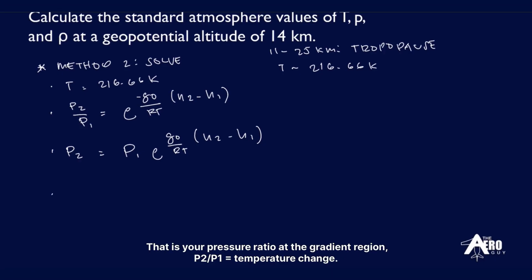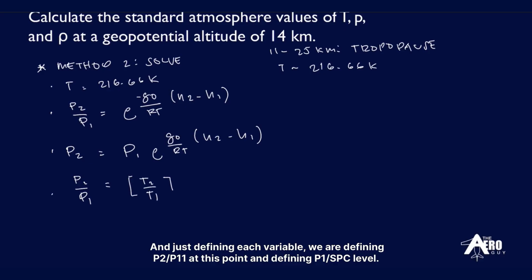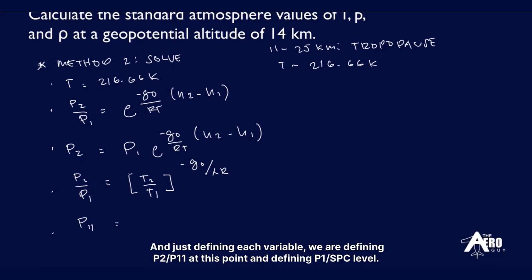And that is your pressure ratio at the gradient region, P2 over P1 is equal to the temperature change ratio raised to an exponent. Just defining each variable, we are defining P2 as P11 at this point and defining P1 as P sea level.